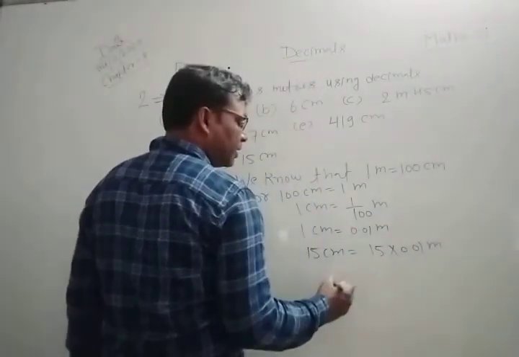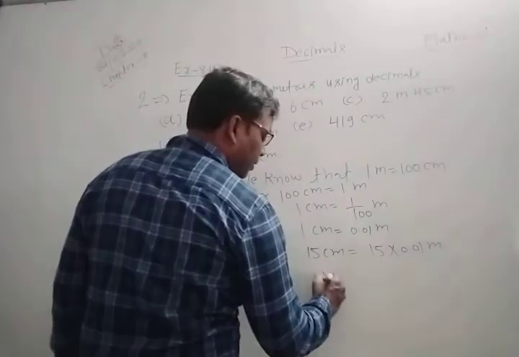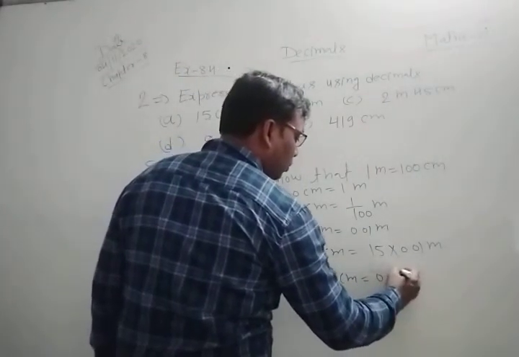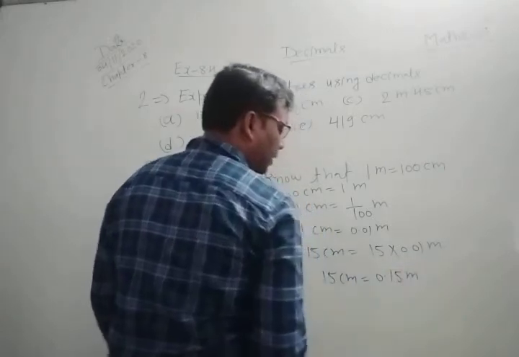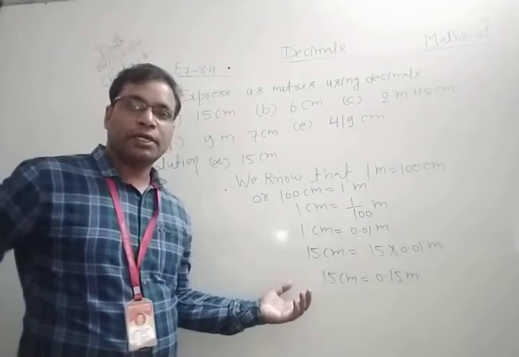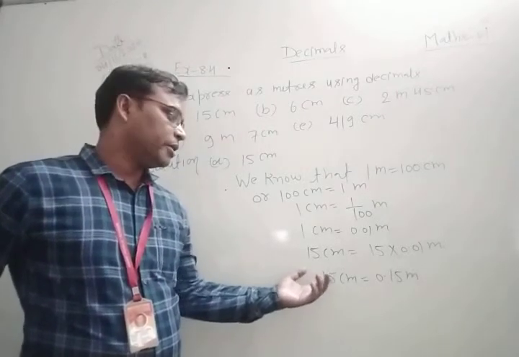If you multiply this, then you have 15 centimeter is equal to 0.15 meter. Clear?